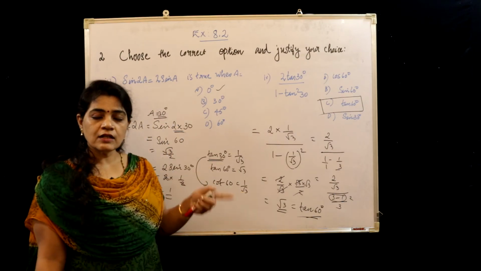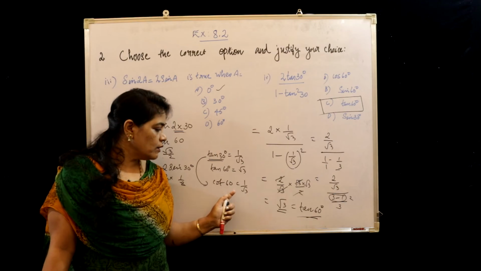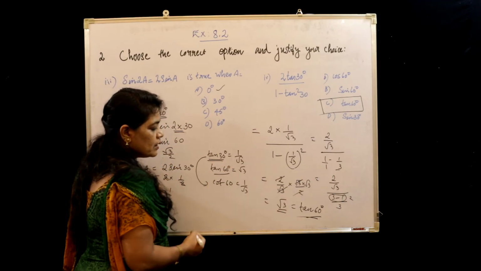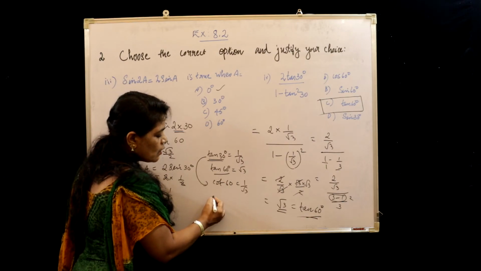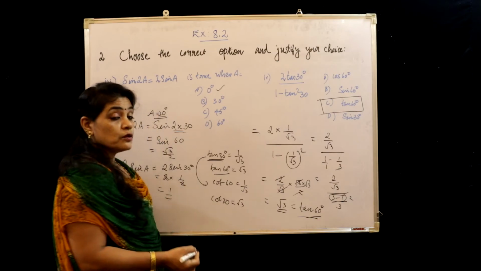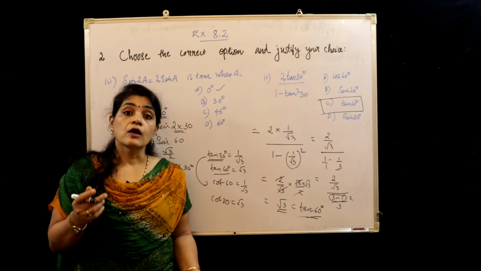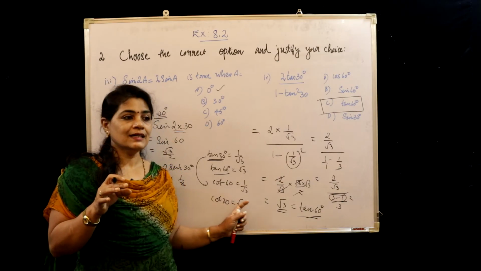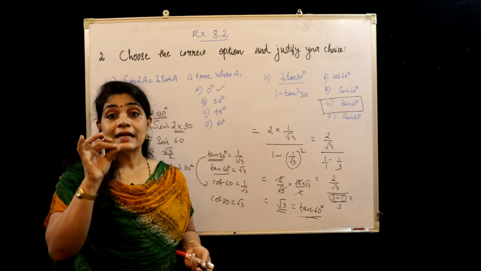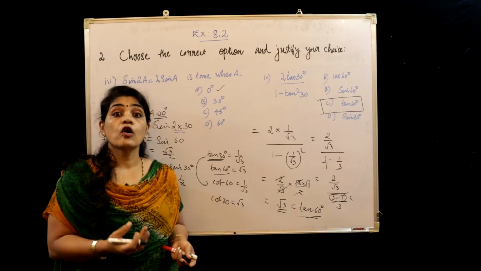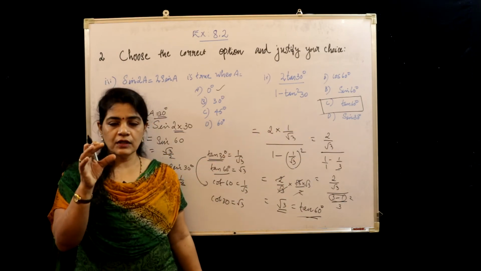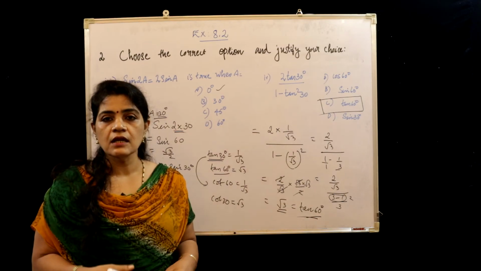Okay, that is what is the value of tan 30, that will be equal to cot 60. The same way for tan 60, cot 30, okay, equal to root 3. So root 3 is okay for cot 30 also, tan 60 also root 3, and 1 by root 3 is for tan 30 and cot 60. But here the option is given in terms of tan 60, so that is the correct option.